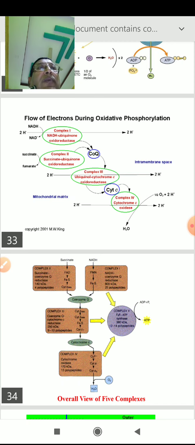So this is the overall view of ATP synthesis. Now in this diagram I am showing again the inner mitochondrial membrane. First the acyl coenzyme A comes from the cytoplasm.